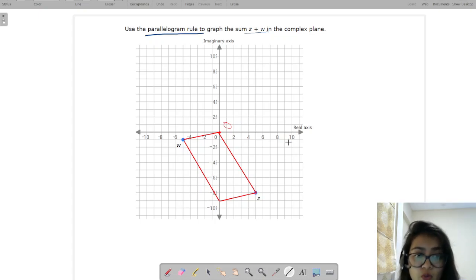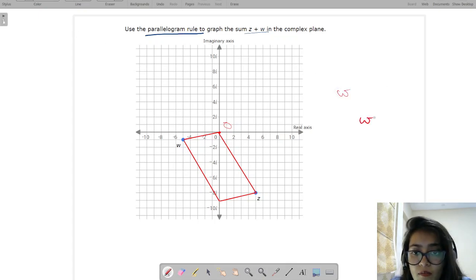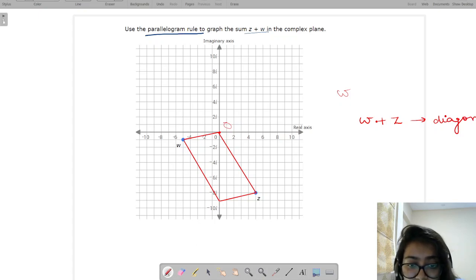Then you need to create a diagonal. Now your sum w plus z will be represented by the diagonal. Which diagonal? The diagonal connecting from the origin.